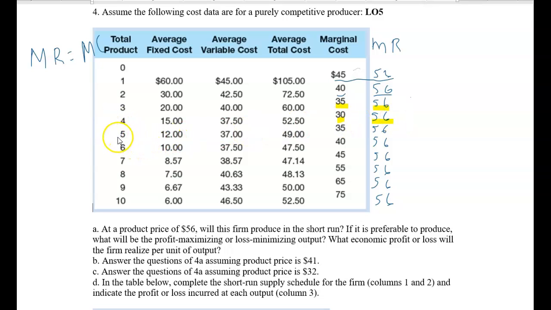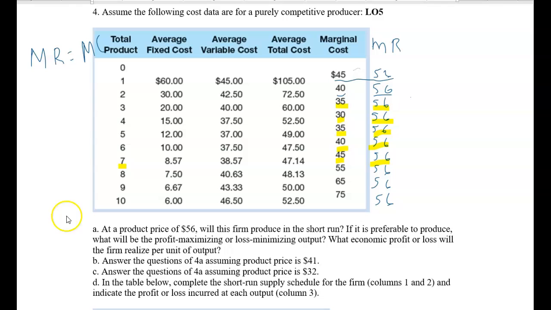If we produce 5 units of output, our marginal cost is $35. Our marginal revenue is $56. If we produce 6 units of output, our marginal cost is $40 and our marginal revenue is $56. If we produce 7 units of output, our marginal cost is $45 and our marginal revenue is $56.